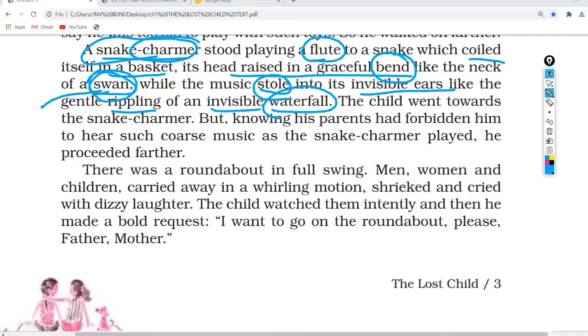The heart of the snake was stolen, and it was lost, just like the gentle rippling of an invisible waterfall, just in the manner of the wave or the ripple of the water in the waterfall getting dimmer and dimmer. In a similar manner, the music that was played stole into the invisible ear of the snake.